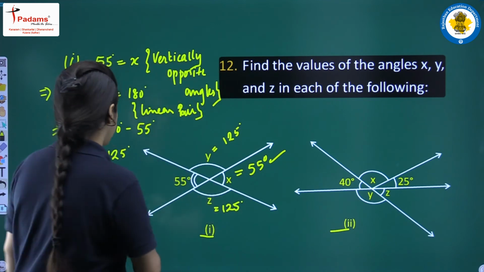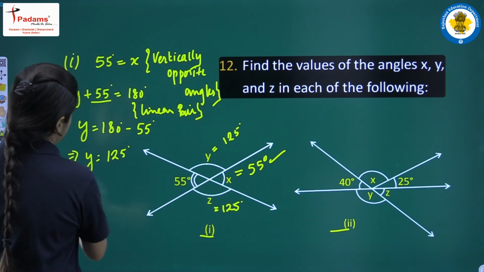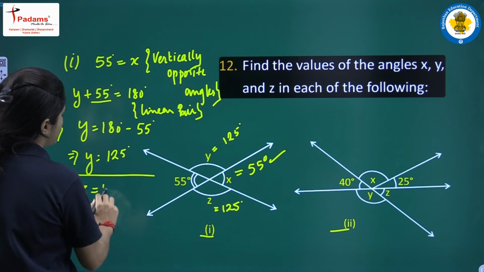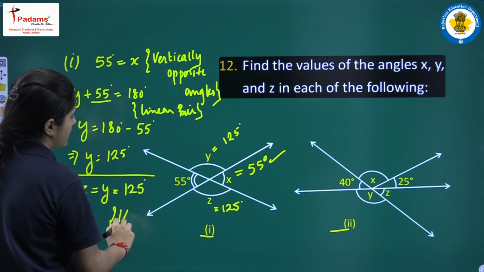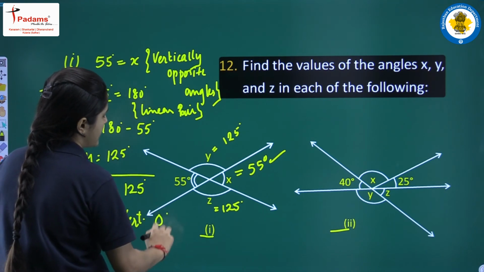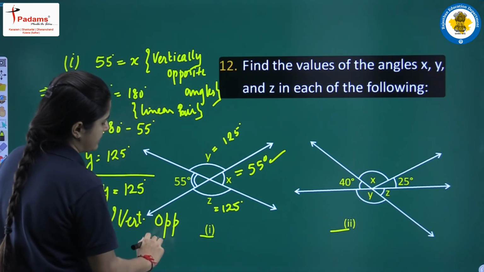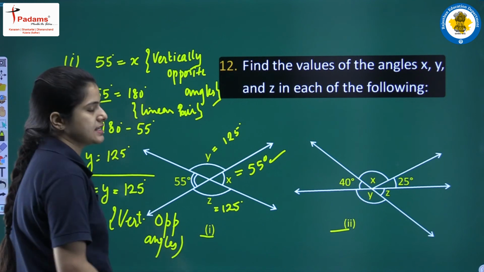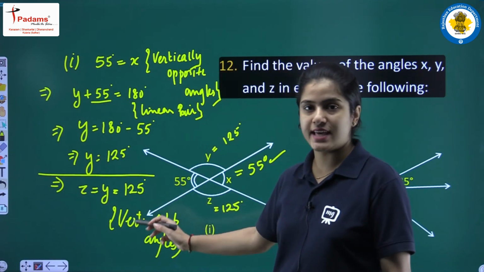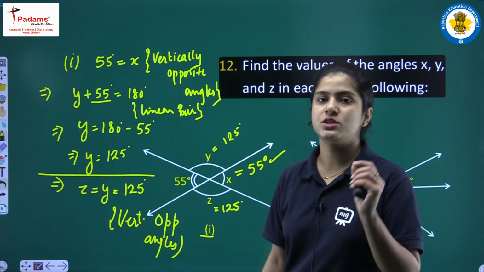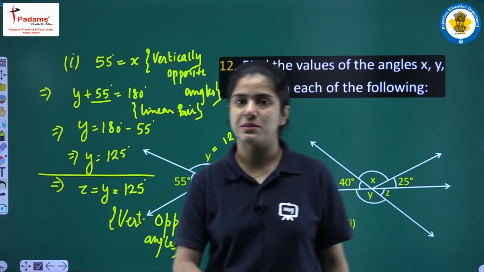We are writing it like z is equal to y is equal to 125 degrees. Why? Because of vertically opposite angles. So, angle y and angle z are equal to 125 degrees because of vertically opposite angles.